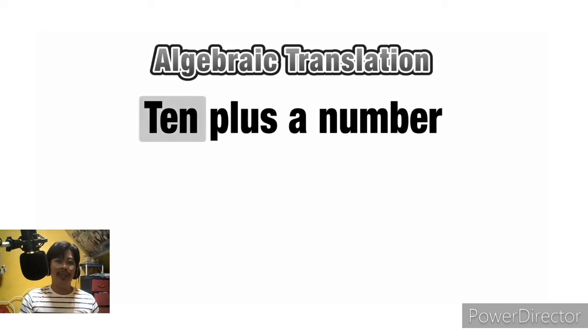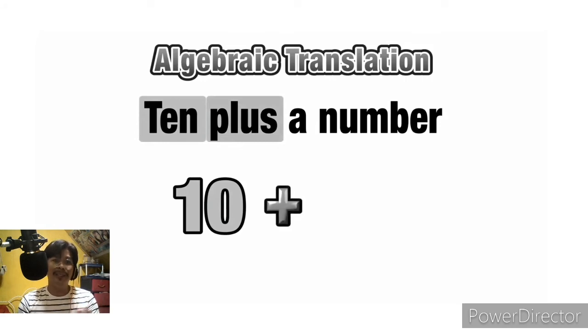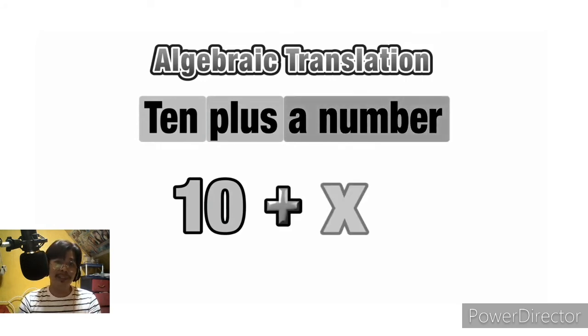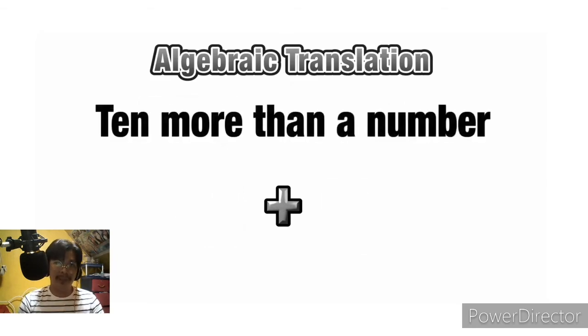Another example, if we have 10 plus a number. So, obviously, the word 10 is 10 and the word plus is plus. And a number is certainly a variable. So we can use x or any letter in the English alphabet. Here's another one. 10 more than a number. So if you observe that 10 plus a number, the word plus is substituted by more than.